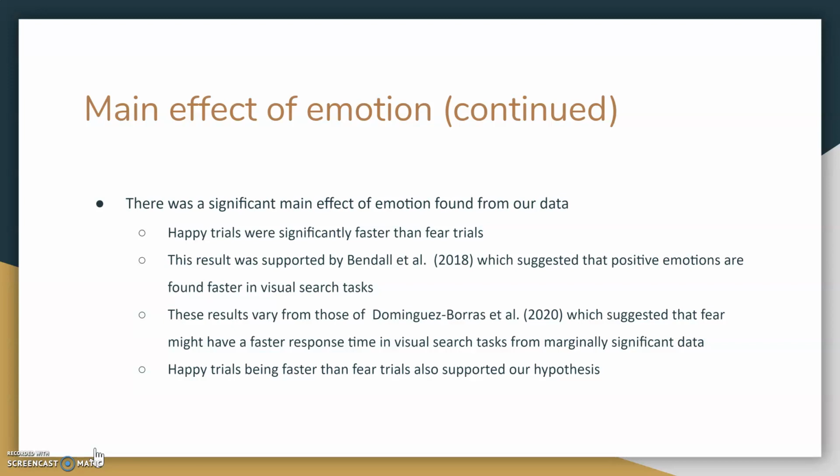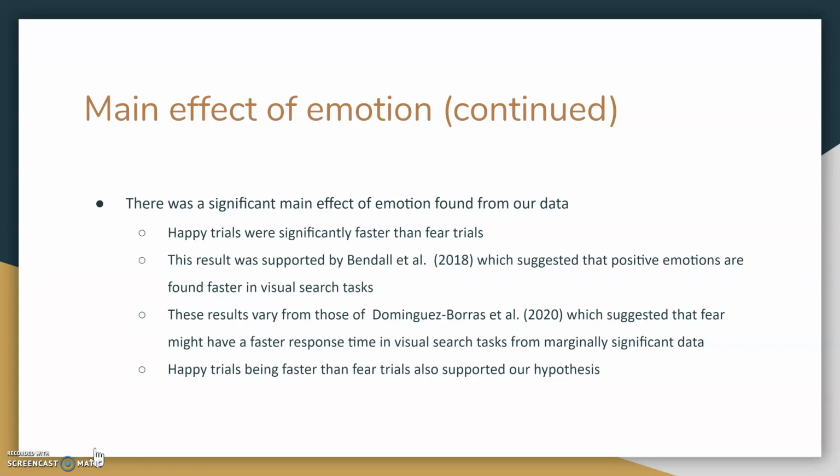This also supported the Bendel et al. article, which suggested that positive emotions are found faster than neutral emotions in visual search tasks. However, it varied from the results in the Dominguez-Borges et al. article, which actually suggested that fear might have faster response times.